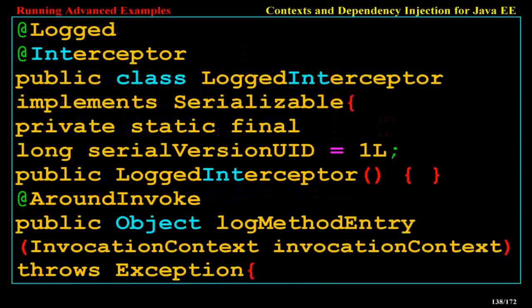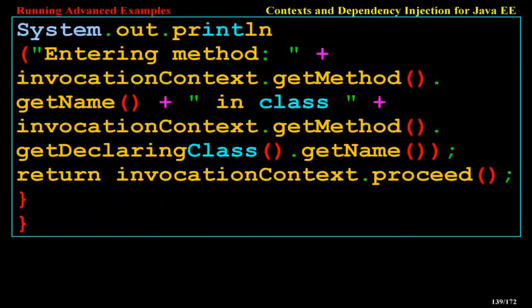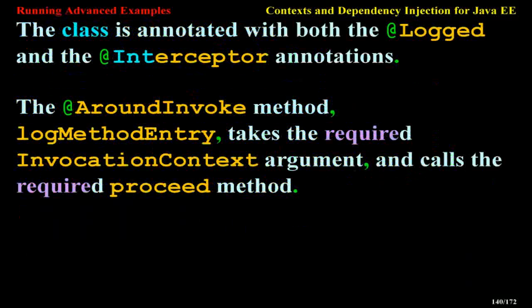The LoggedInterceptor class looks like this. @Logged @Interceptor public class LoggedInterceptor implements Serializable { private static final long serialVersionUID = 1L; public LoggedInterceptor() { } @AroundInvoke public Object logMethodEntry(InvocationContext invocationContext) throws Exception { System.out.println("Entering method: " + invocationContext.getMethod().getName() + " in class " + invocationContext.getMethod().getDeclaringClass().getName()); return invocationContext.proceed(); } } The class is annotated with both the Logged and the Interceptor annotations.